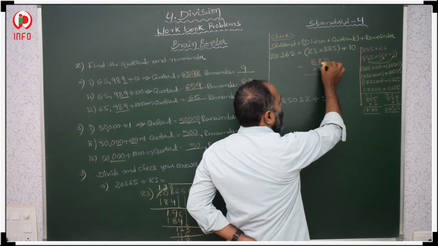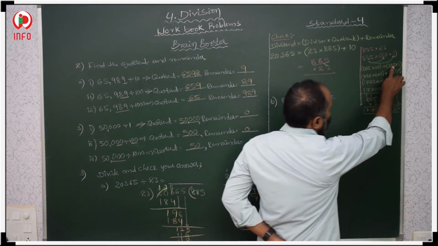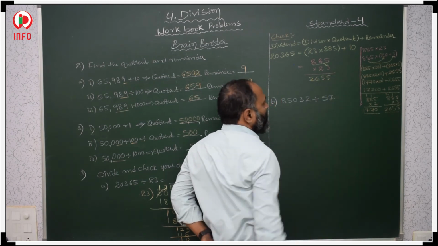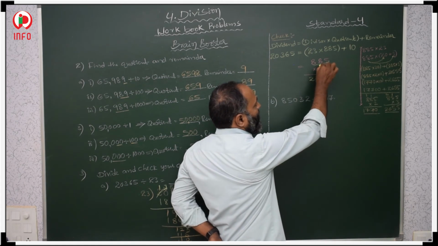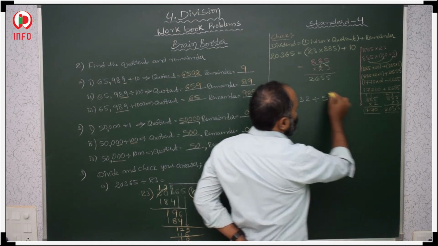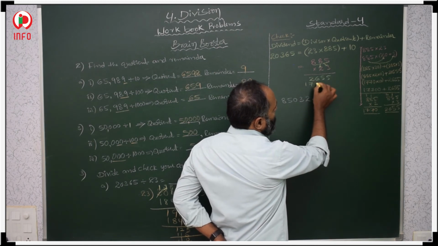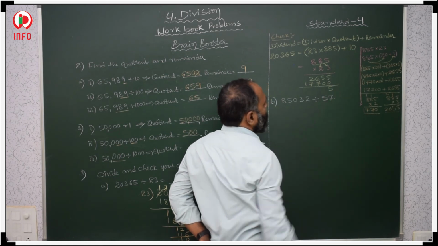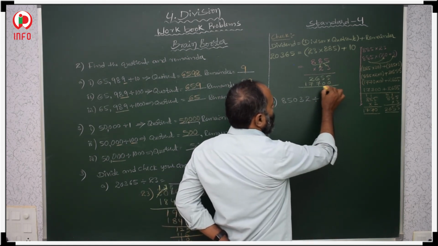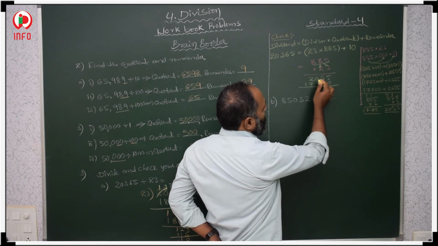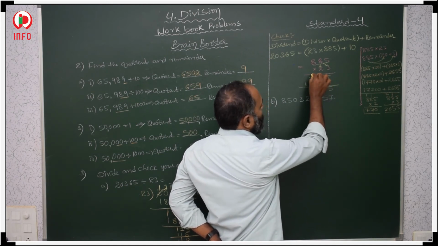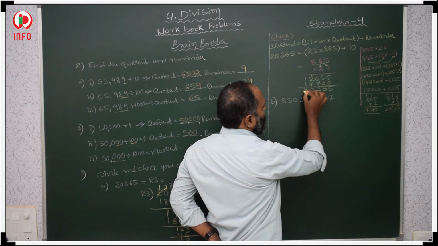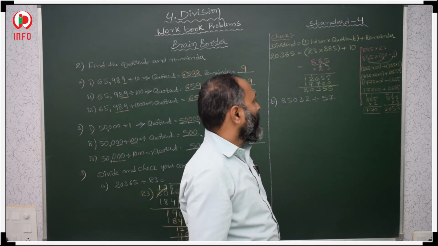Now 885 threes are 2655. Next 885 20s are 17,700. Now add: 5, 7 plus 6 is 13, 1; 7 plus 2, 9 plus 1, 10. 20,355.